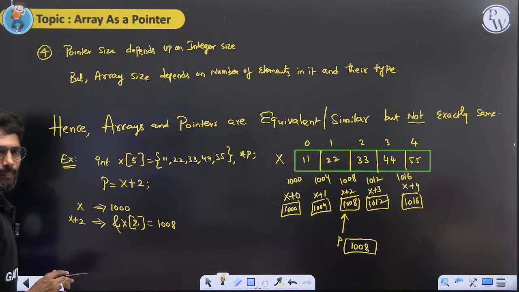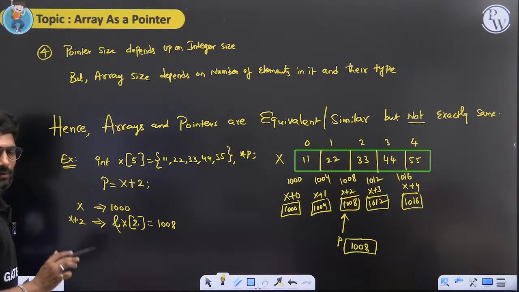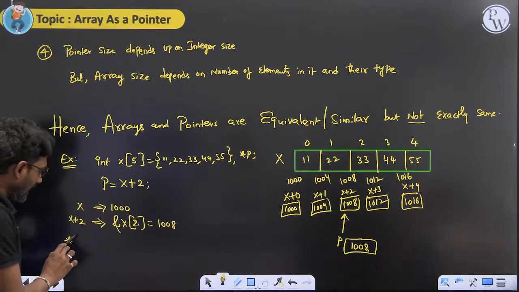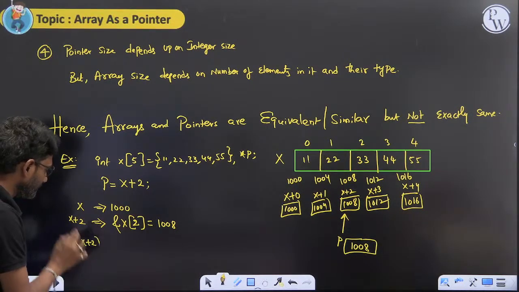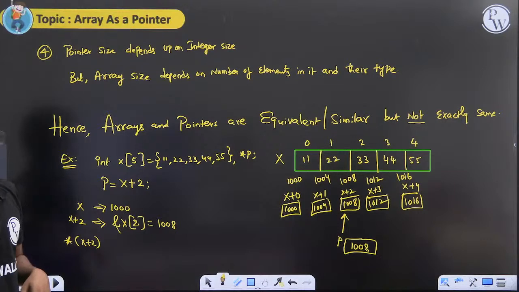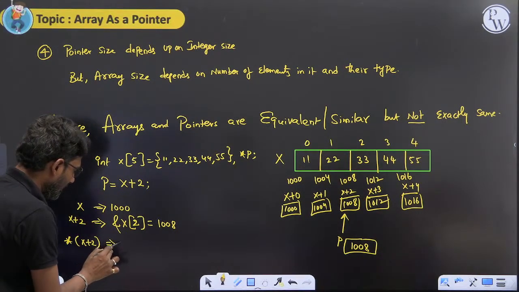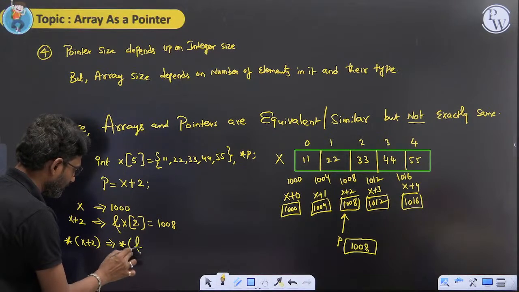Now, if I say *(x + 2), what is x + 2? Address of x[2].